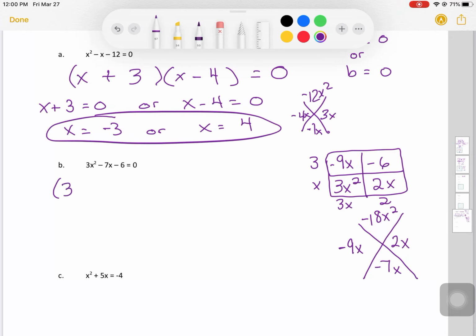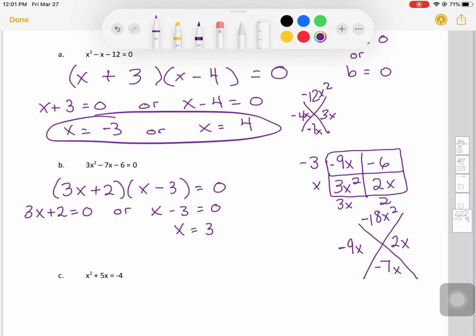So if I go through and factor it, it looks like my two factors are going to be 3x plus 2 and x minus 3. And let's double check that. Yep, that would do it. So that means for my x-intercepts, either 3x plus 2 equals 0 or x minus 3 equals 0. This one's easy enough.